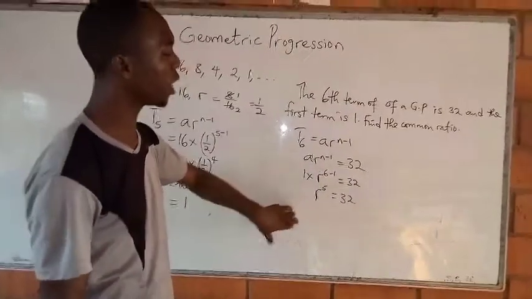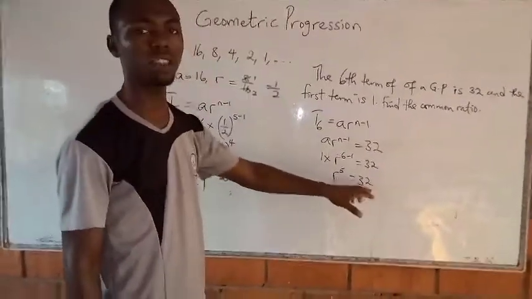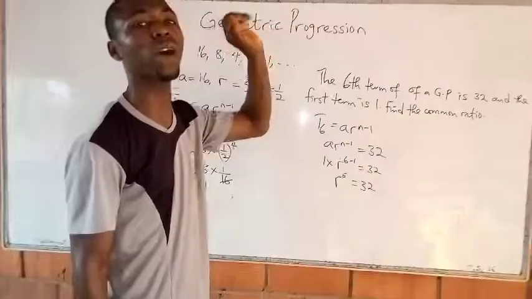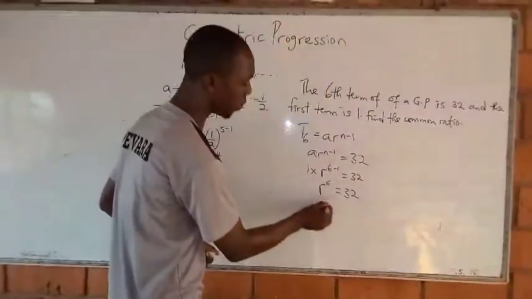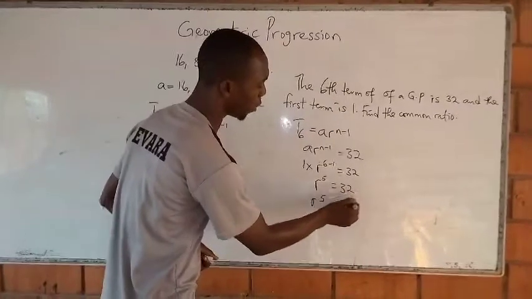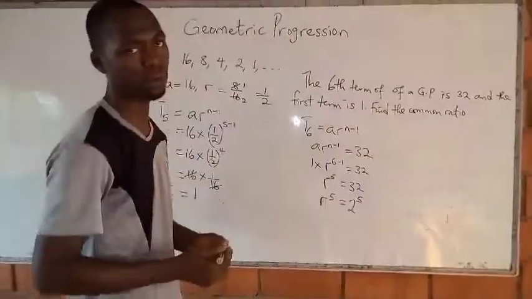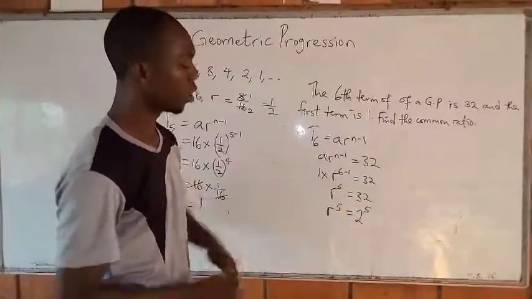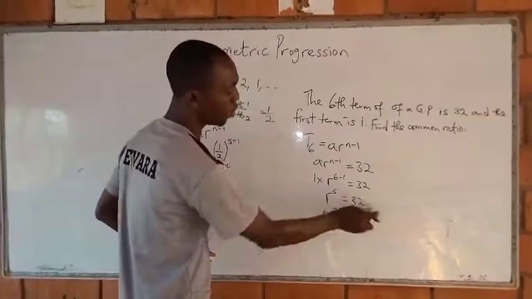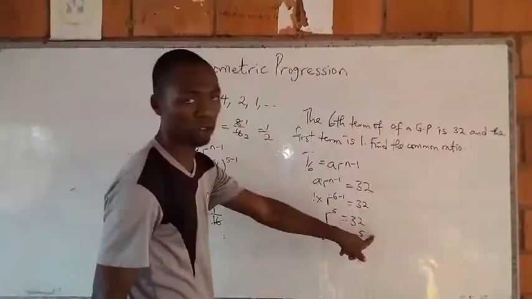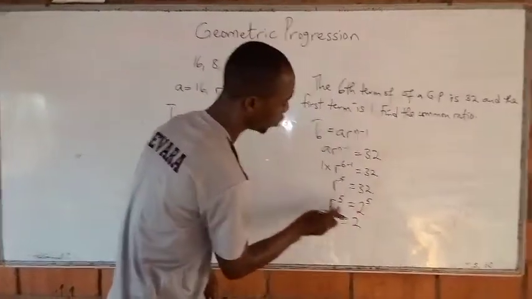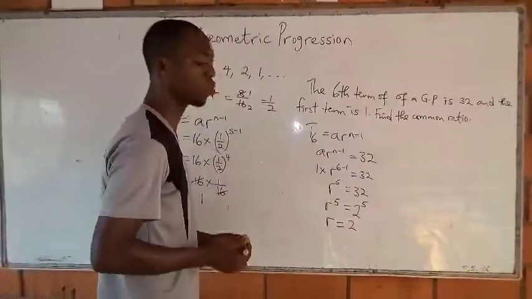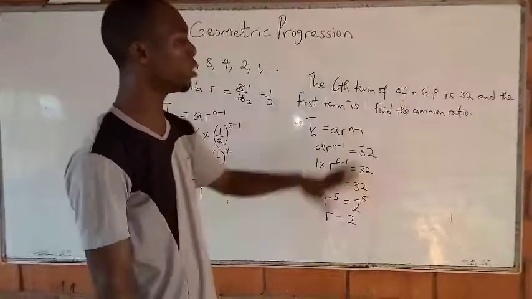That means we are required to raise a number to the power 5 and get 32. 32 is 2 raised to the power 5. So that means the powers are now equal. And whenever the powers are equal like this, we also take the bases to be the same. So R equals 2.